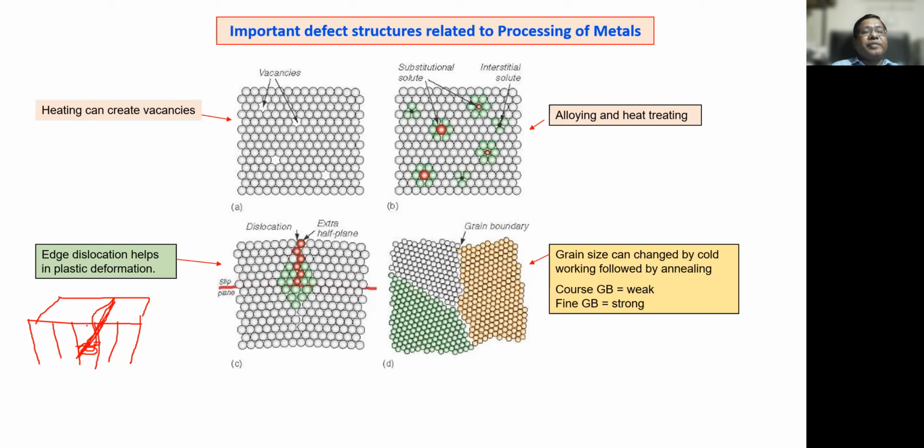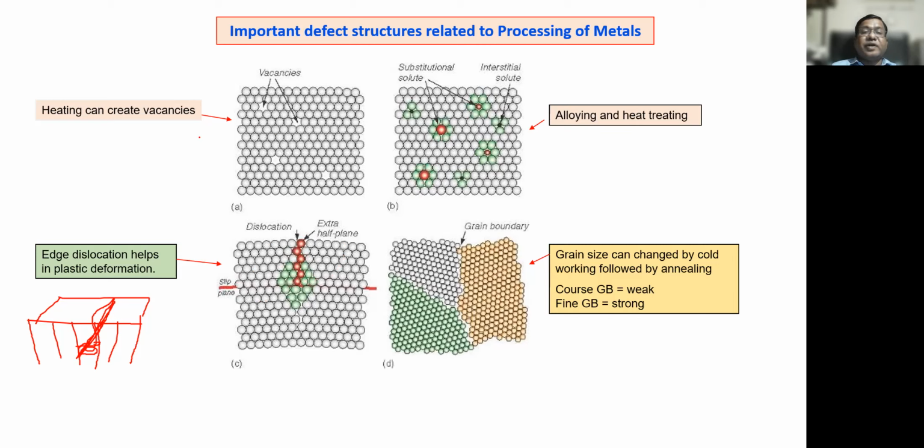Above this atom and below this atom, the crystal structure is perfect. Only there is a problem with this atom. All these atoms connected together make a line, which is called an edge dislocation. This is the extra half plane, and it is going to help in plastic deformation. If we deform the material, there will be a multiplication of dislocations, so this line defect can be generated.